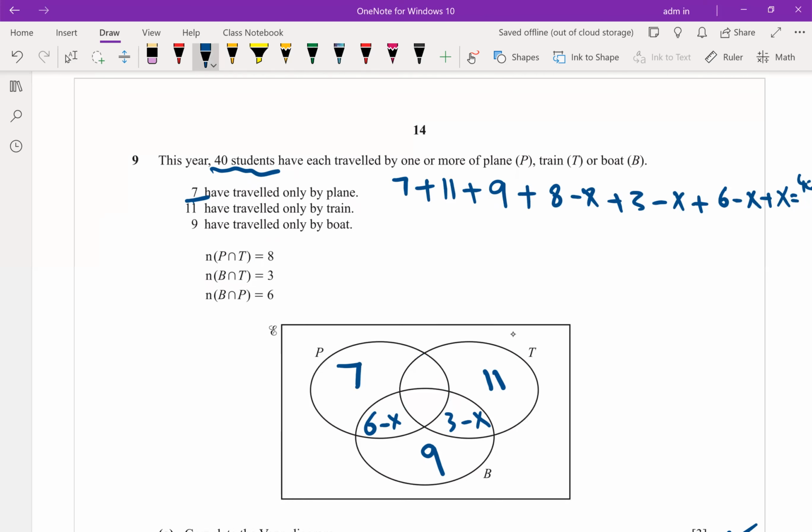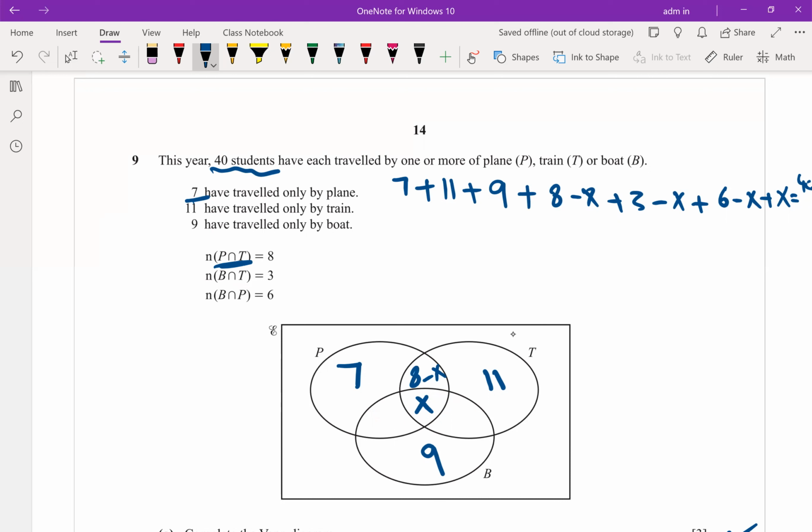Their sum may include X. I started by writing X in the common part for all. Then P intersect T is 8. One part is X, so the second part has to be 8 minus X.